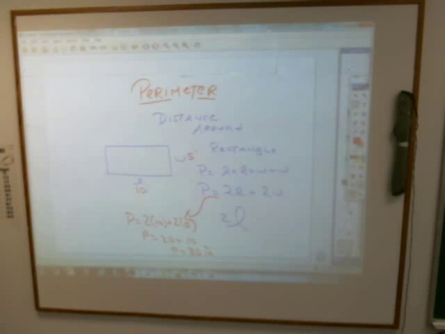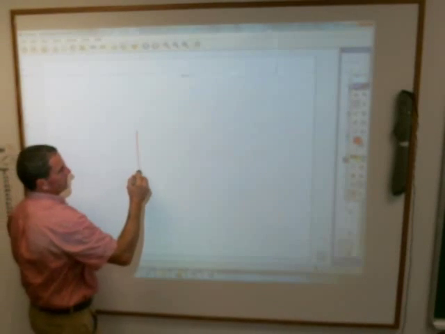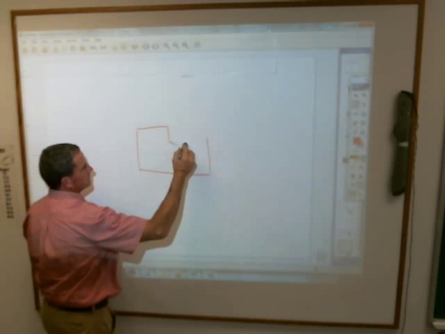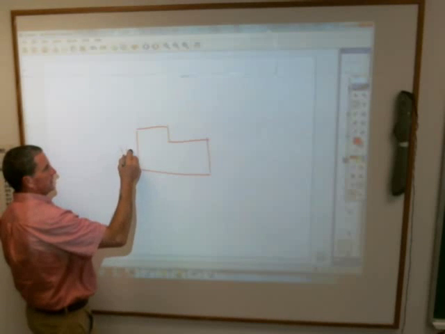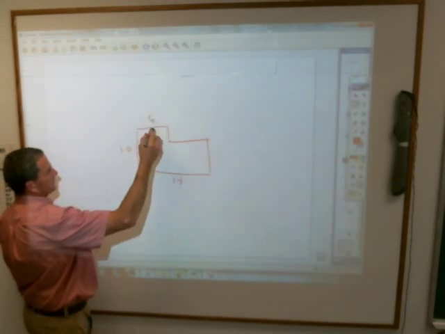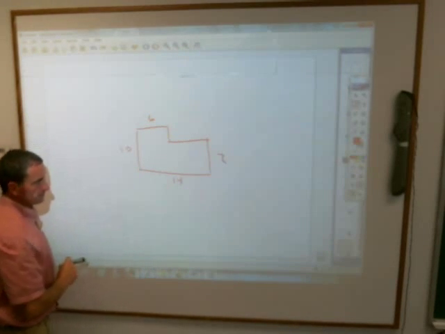Now, sometimes they give you something a little bit more difficult, ladies and gentlemen. Hooray, hooray, hooray, right? And it looks like a step or something like this. And they might tell you this is 10, and this is 14, and this is 6, and maybe this is 7.